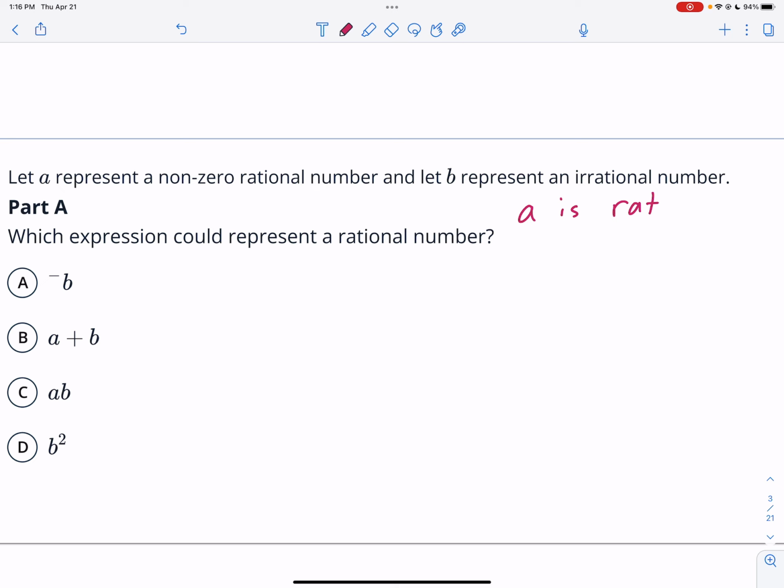A is rational, so it's not like pi or e or anything like that. So in our case, we can express it as a ratio. We can do some sort of jazz if we need to write it as a fraction, or a repeating decimal. So in this case, B represents an irrational number.